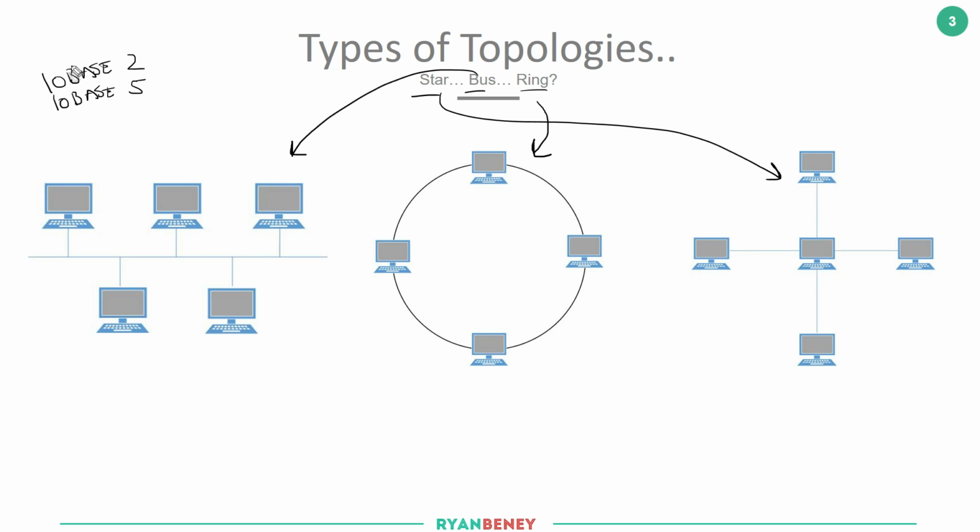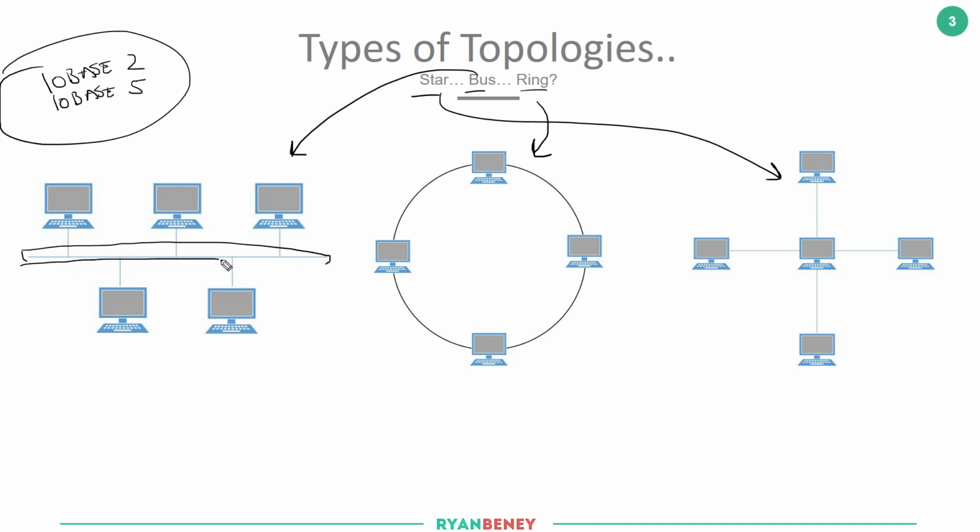Now, this was originally mentioned with a type of Ethernet where it would have a coaxial cable, a very thick cable through the middle, and then each device would just clamp on using vampire taps onto the single cable itself. If there was a break in the cable, it would disrupt the communication, and essentially everyone would send their information onto the wire, and that information would be broadcast out every single port until it reached its recipient.